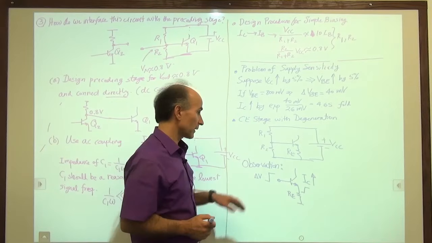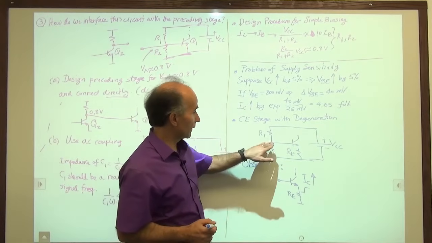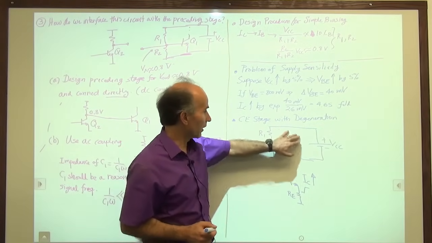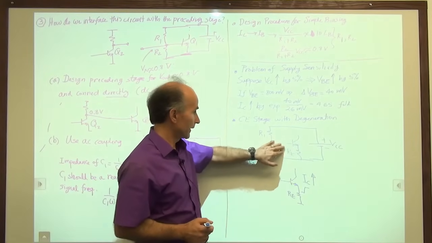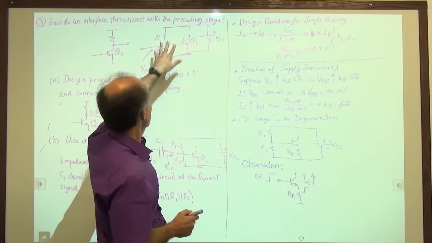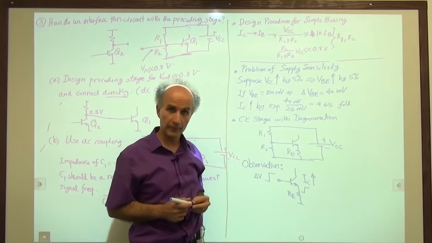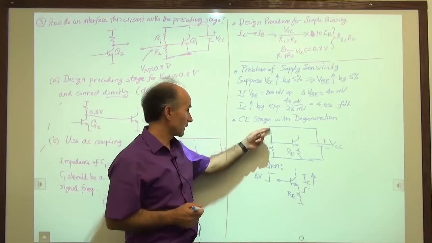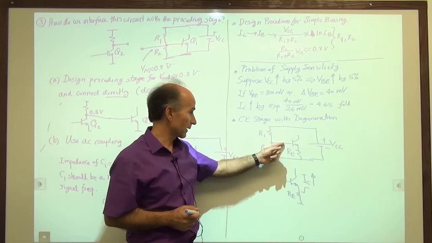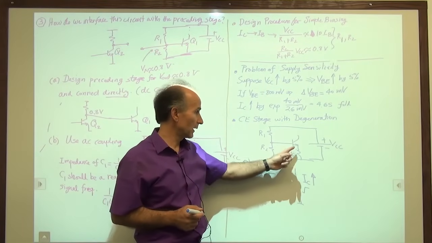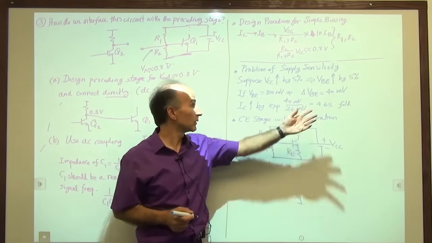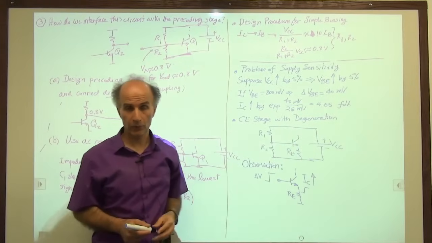Okay, so let's remember this observation, and now we are ready to understand why this circuit is better than this circuit in terms of supply variations. We are hoping that when this supply goes up by 5% and this base goes up by 5%, the collector current doesn't blow up by a factor of 4.65.